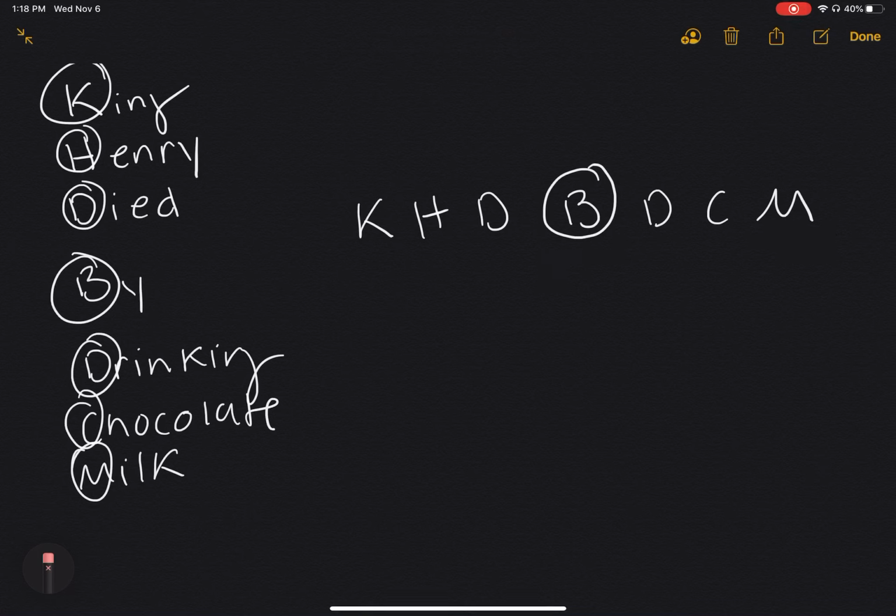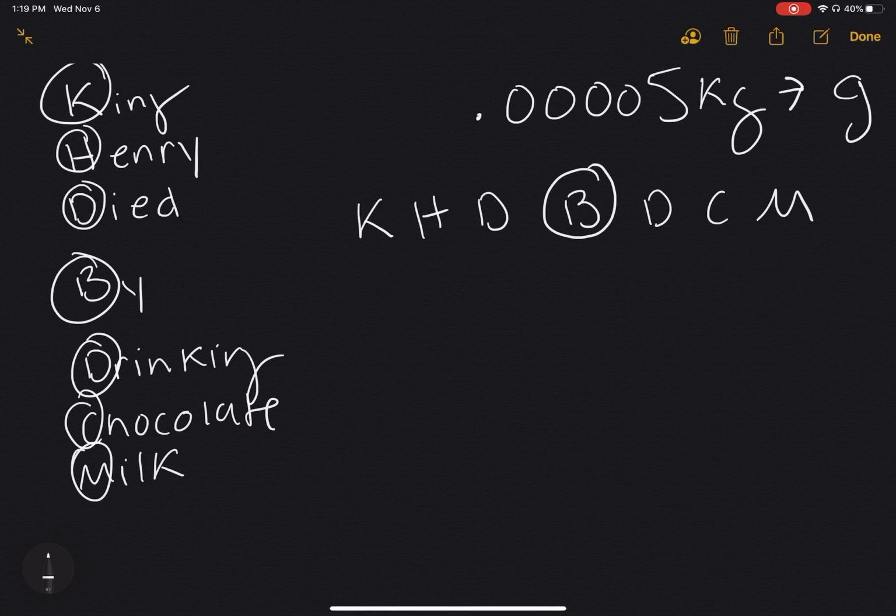I'm going to do one more example. Let's do one coming from kilo. So let's do 0.00005 kilograms, and we need to get to grams. We have kilograms, and we need to change it to grams. So we're going to count 1, 2, and 3.